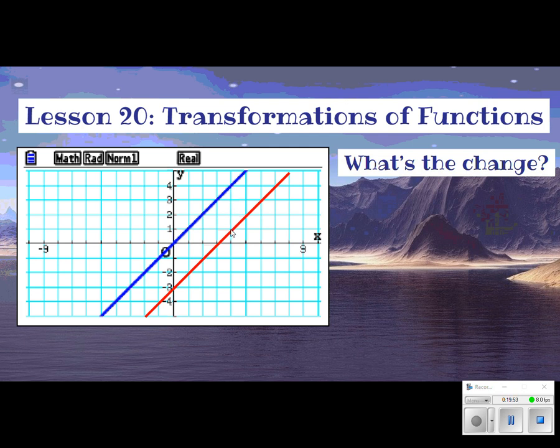I'm still on that function in the same spot. So every single move that I have made with this blue function is going to be down 3 to create that red function. Okay, so it's not just sometimes, it's always. So because we're dropping 3, we're going to say it's been moved down 3 units.